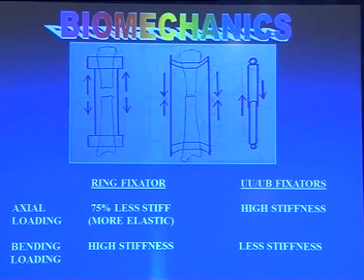So here you have eggshell loading and bending loading, with a comparative analysis of the ring fixators and the other fixators. In the ring fixators, it's common sense. The whole limb is controlled in circular axis all round, so only the axial portion is free for movement.